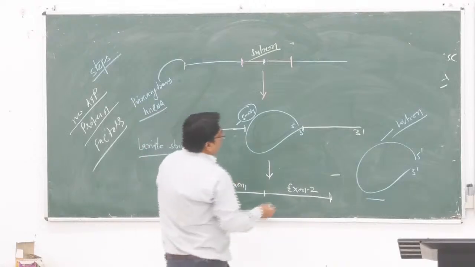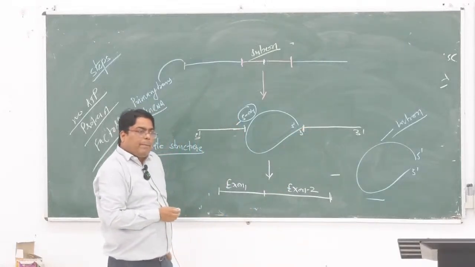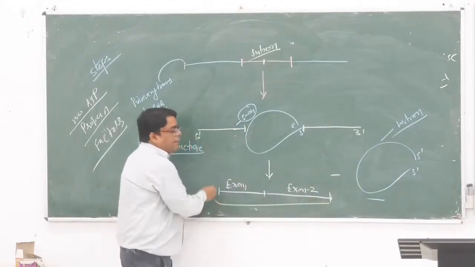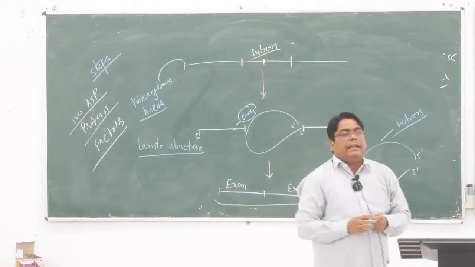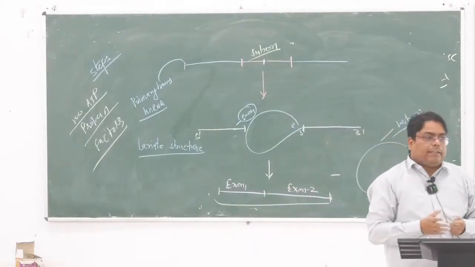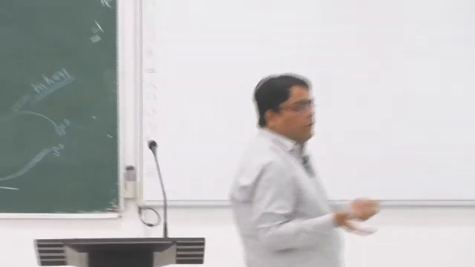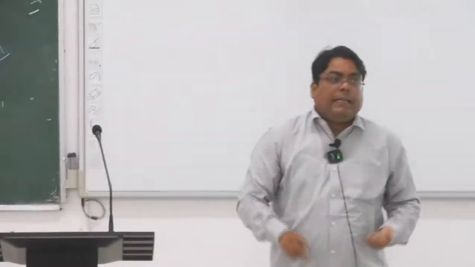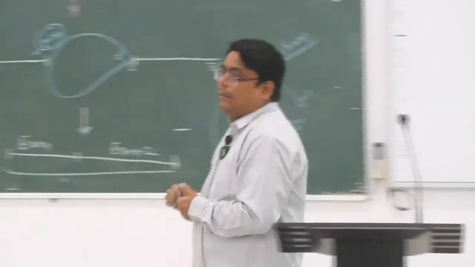Then again, it cuts from the 3' OH group, and the exon-exon groups are joined. There are no intervening sequences, and the introns are removed from this mRNA molecule. It is called self-mediated splicing because there is no requirement of ATP, cofactors, or any proteins.